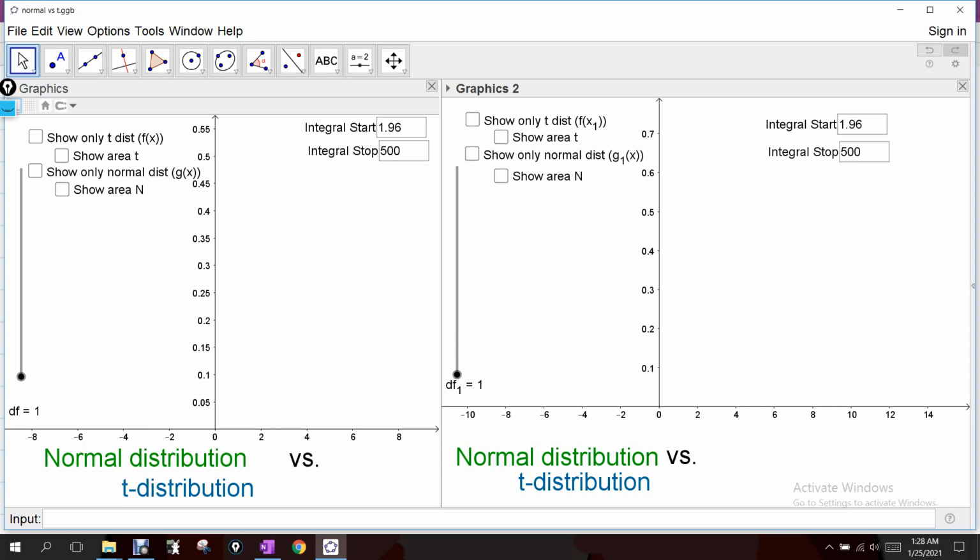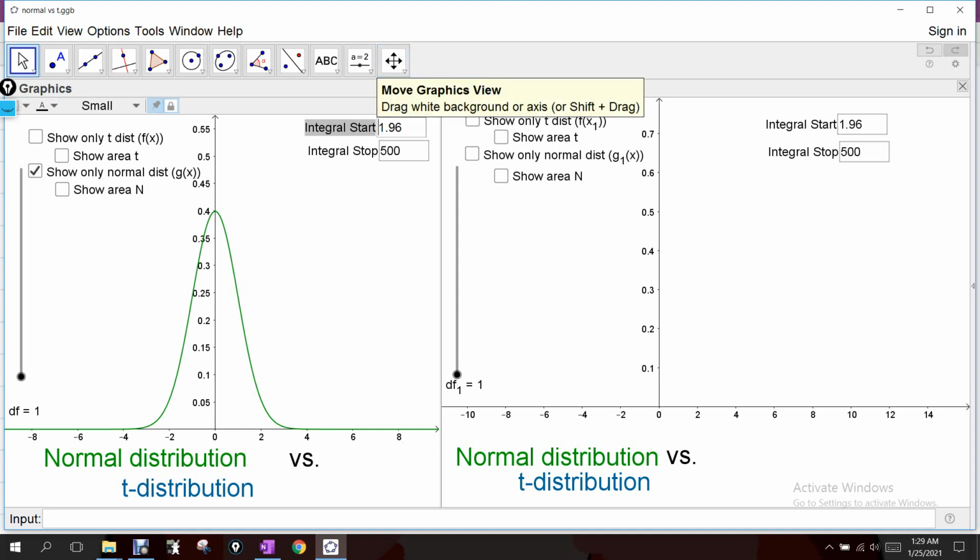So I'm going to show you the normal distribution, which we're used to. Okay, so this is the normal distribution, and if I want to go from, let's say, negative 1.96 to, let's say, 1.96.